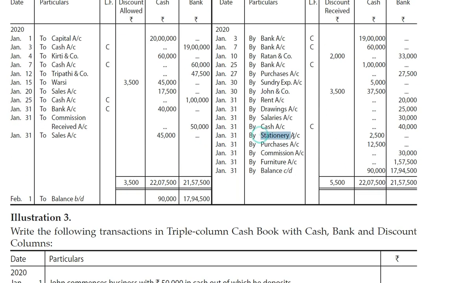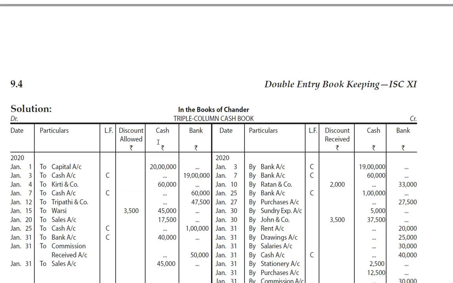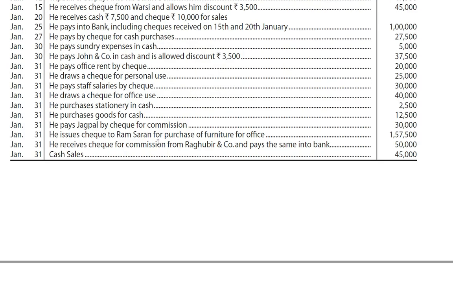Purchase of stationery, normal purchase of goods, and commission 30,000 all go to the credit side. Whenever giving a check to buy furniture, furniture account will be debited, so by furniture it will come in the credit side for cash or bank.